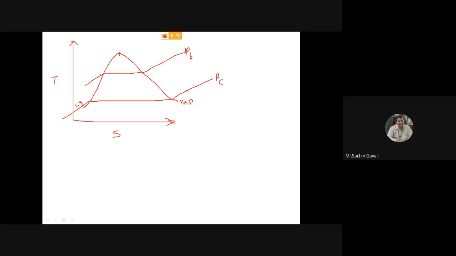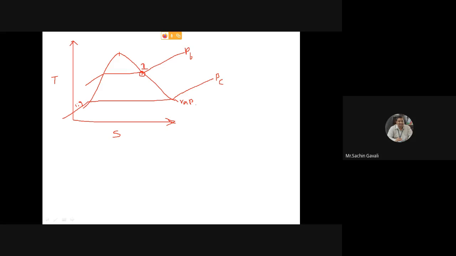So point number one will be here on the TS diagram, at the vapor line where the boiler pressure line intersects it. That will be our point number one. Everybody agree?